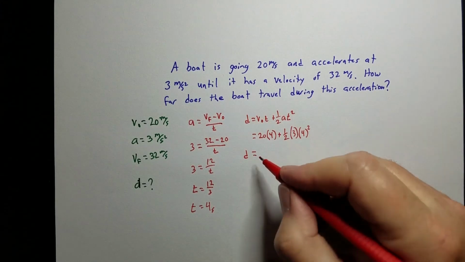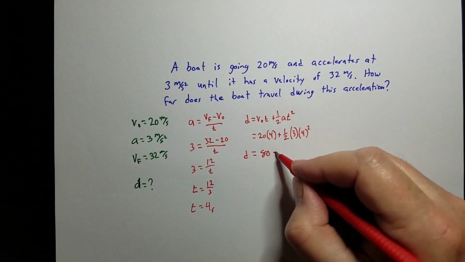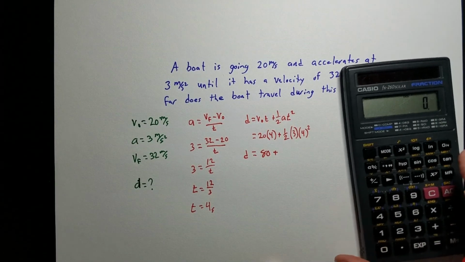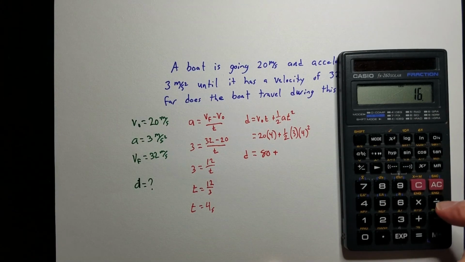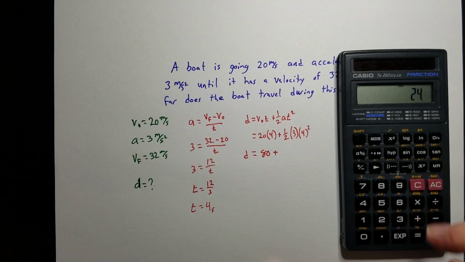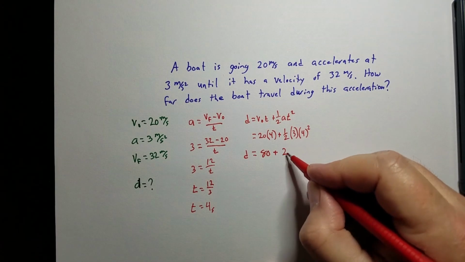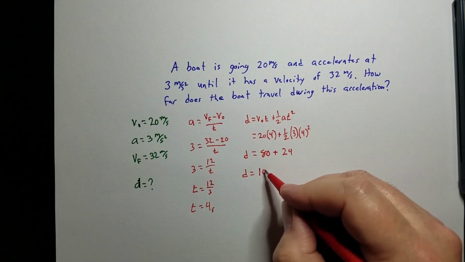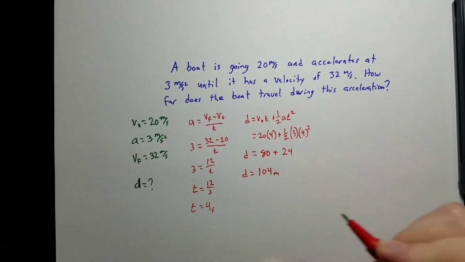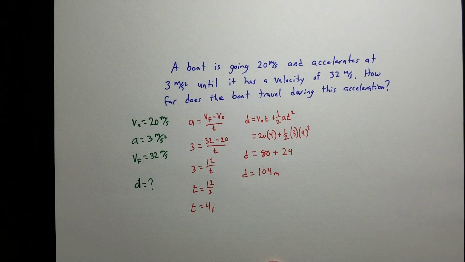That's 80 plus 16, because 4 squared is 16, times 3 divided by 2 gives us 24. So this object should have traveled 104 meters.